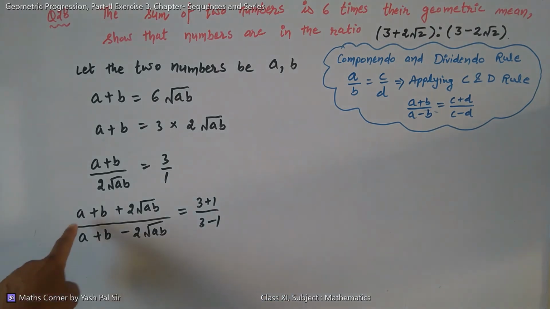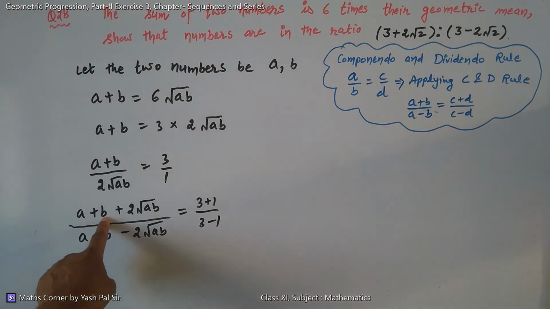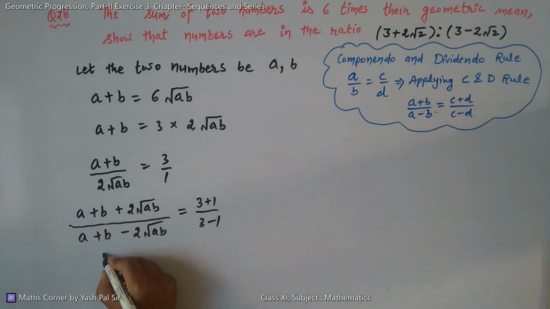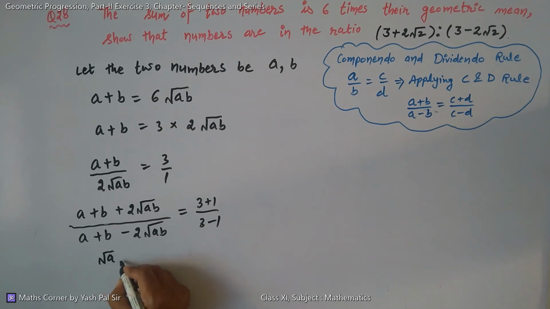Right? This a means square root of a whole square, b means square root of b whole square. So what is the expanded form of (square root a plus square root b) whole square? So left hand side we can write this as (square root of a plus square root of b) whole square.